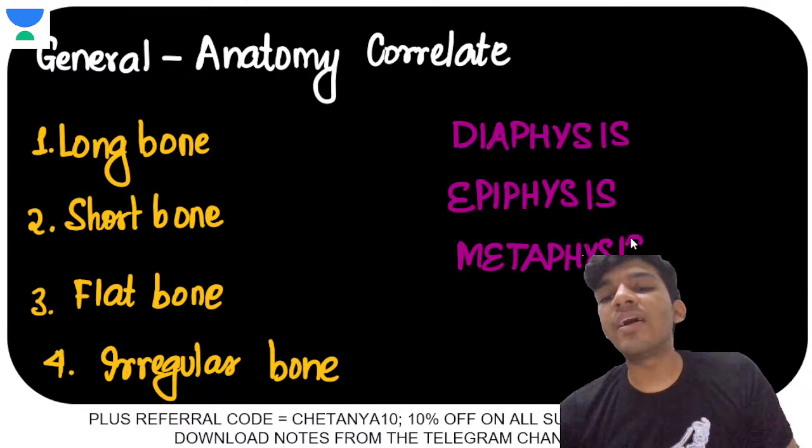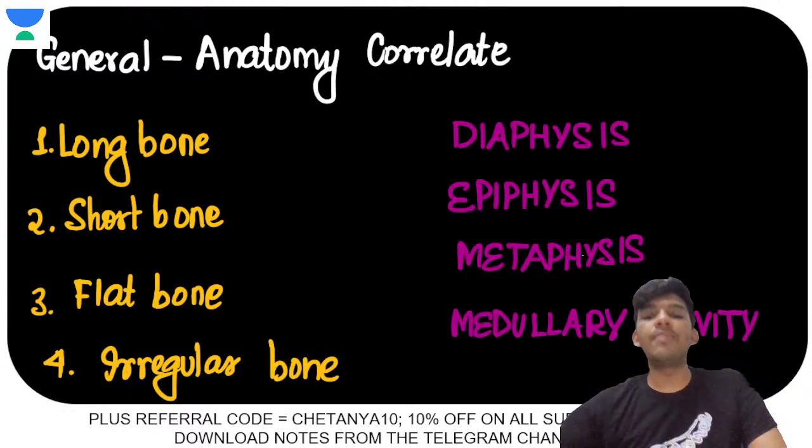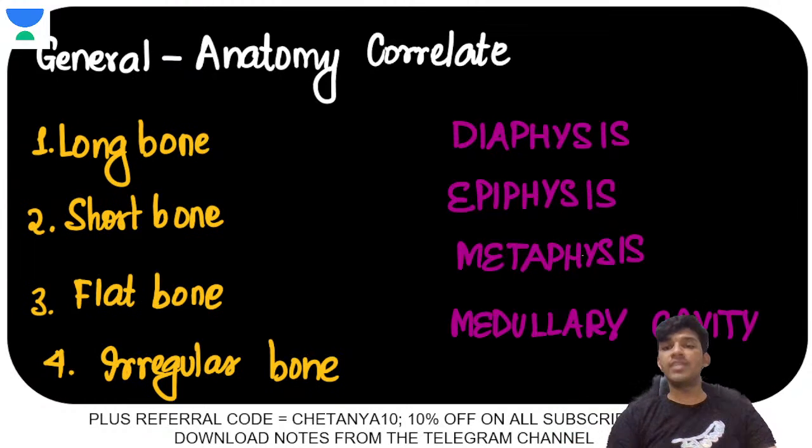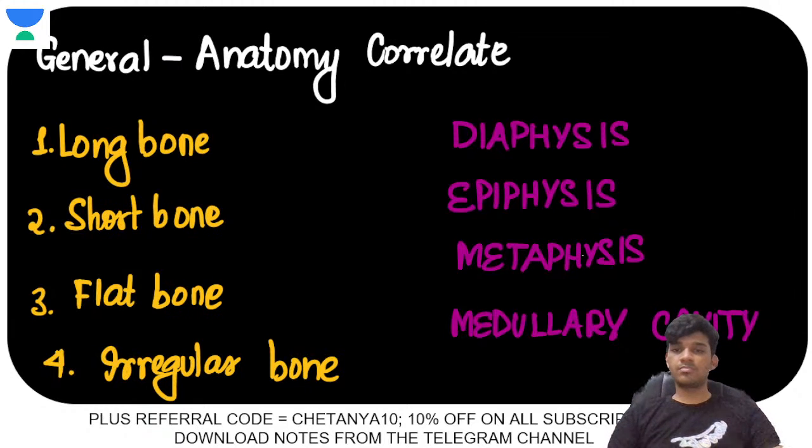Inside the diaphysis you have a large cavity called the medullary cavity, surrounded mainly by compact bone. So in the diaphysis, almost all the bone is compact bone, and in the center you have the marrow cavity.